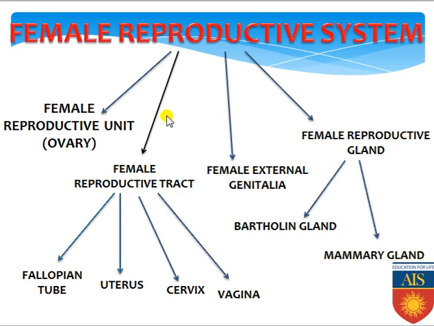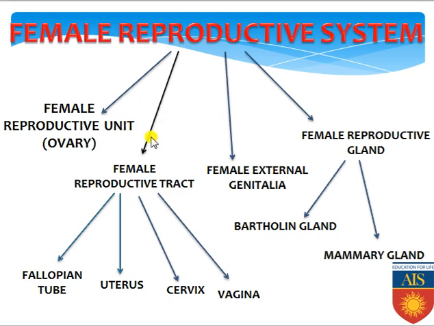Fourth part, the female external genitalia, and the last part, the female reproductive glands. That is composed of two types of glands: one is the Bartholin gland and another one is the mammary gland. So these are overall the classification of the female reproductive system and its parts.